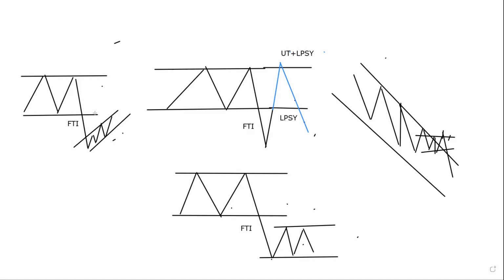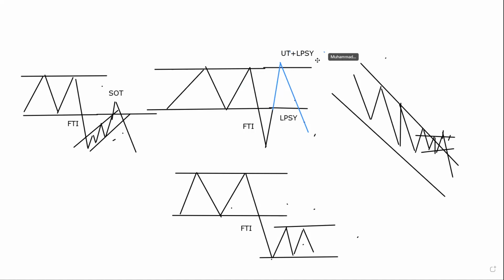The price can also do like this. Got it? Either it will be a minor OB or it will be what? SOT. Either of these 2 conditions. So there are 1, 2, 3, 4 kinds of redistribution process structures.